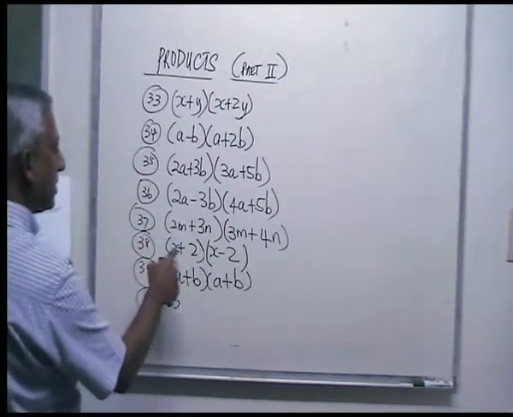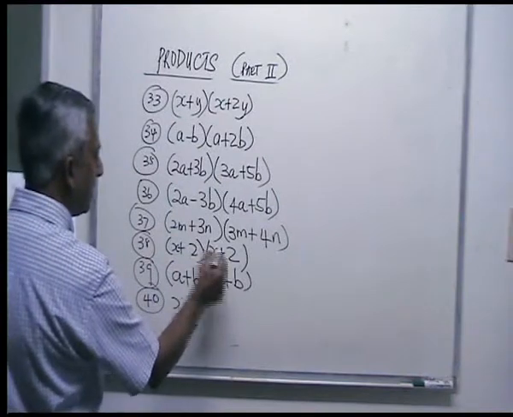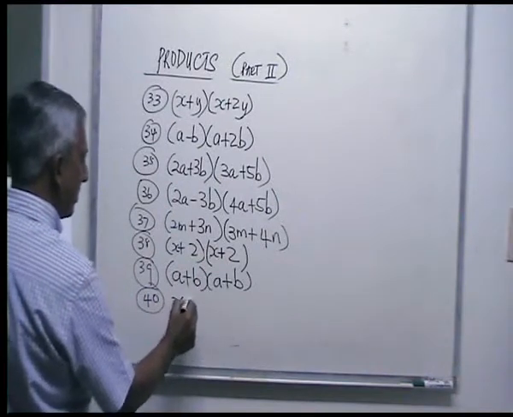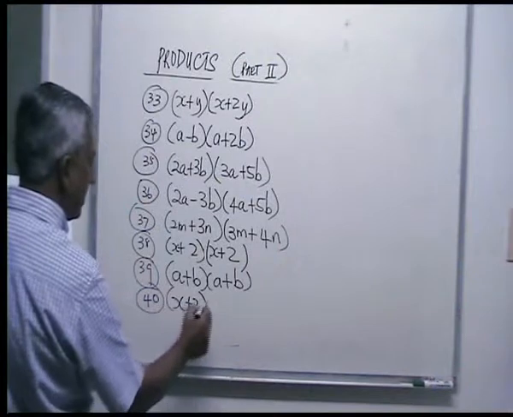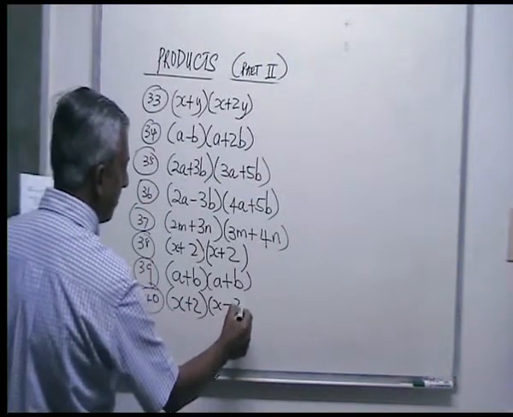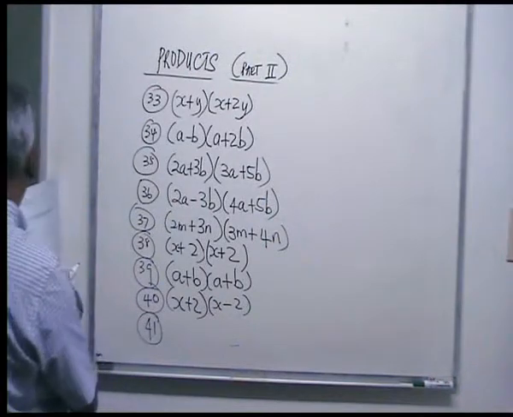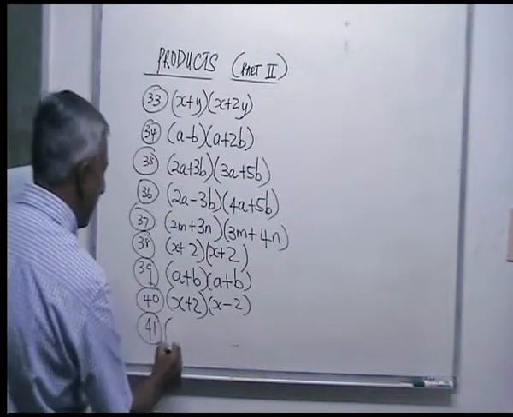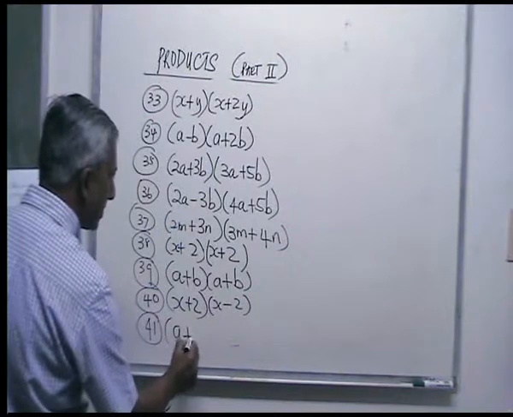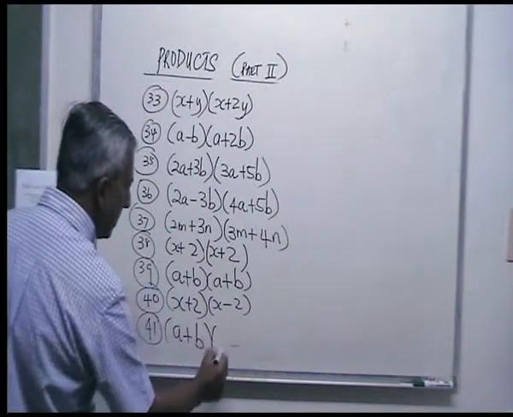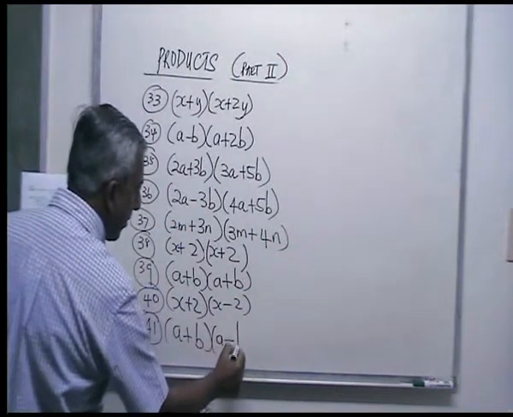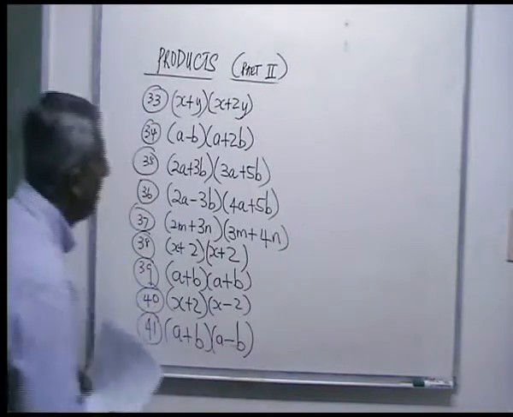No, sorry, 38 was x plus 2 into x plus 2. So number 40 is x plus 2 into x minus 2. And finally, number 41, a plus b into a minus b.